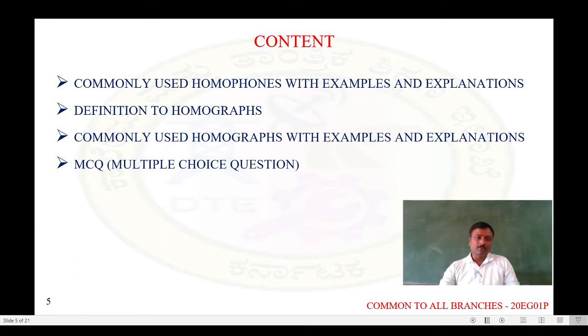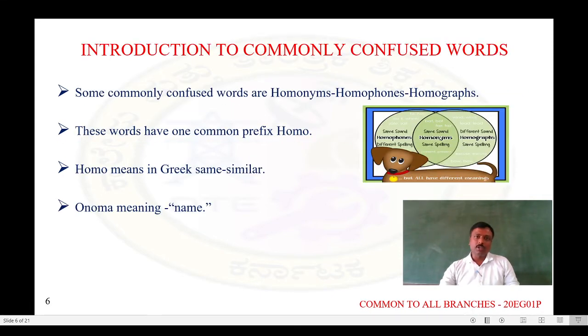The abbreviation MCQ means multiple choice questions. These multiple choice questions will help us anticipate the questions from forthcoming examinations. So these are the content of the session. So let's go to the introduction to commonly confused words.